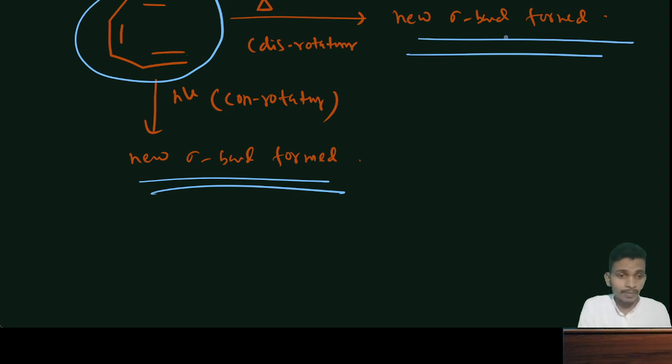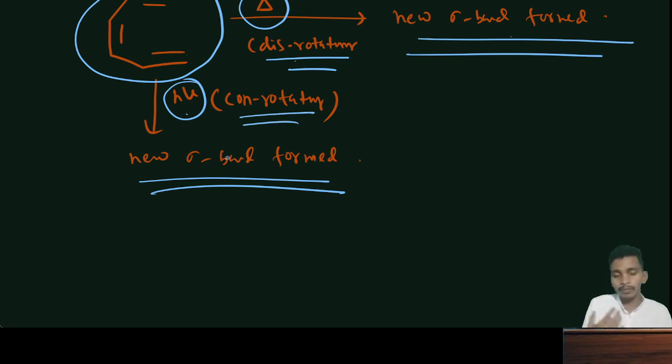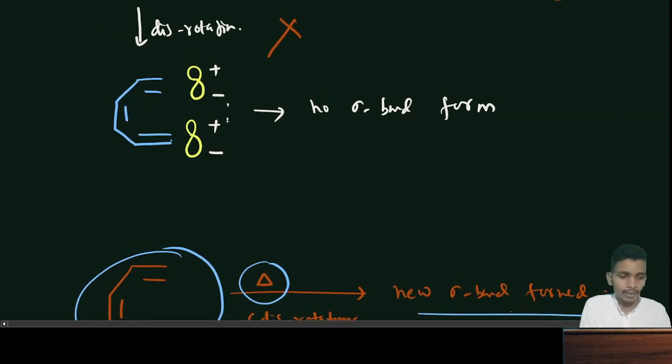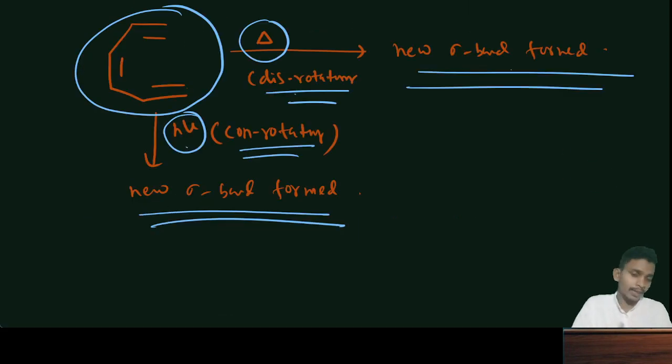So a sigma bond will form only if it is heating with disrotatory, and if it is photochemical condition, then conrotatory, that new sigma bond will form. So these things I will sum up and give tricks. Now just for understanding, I have said where the bond formation is happening. From that we can easily say where bond formation happens and where it will not happen.